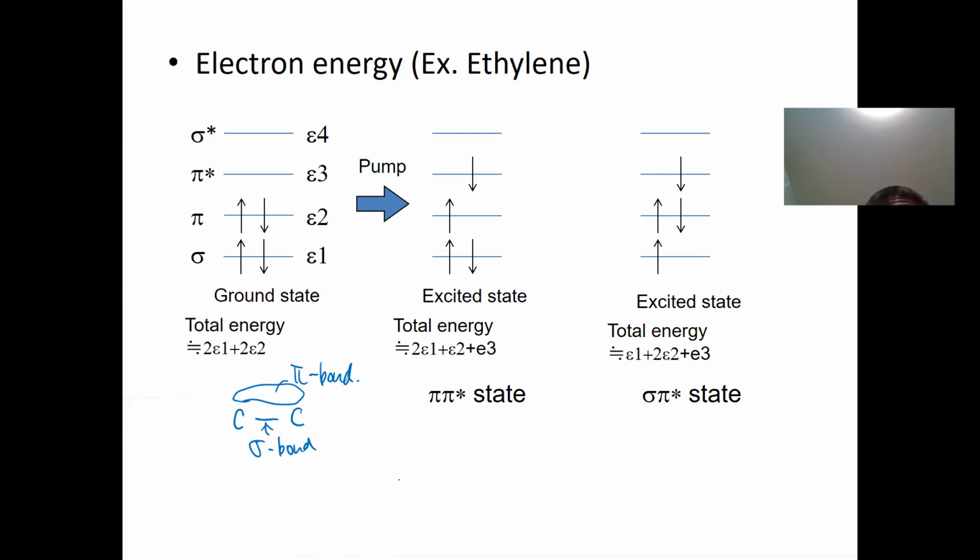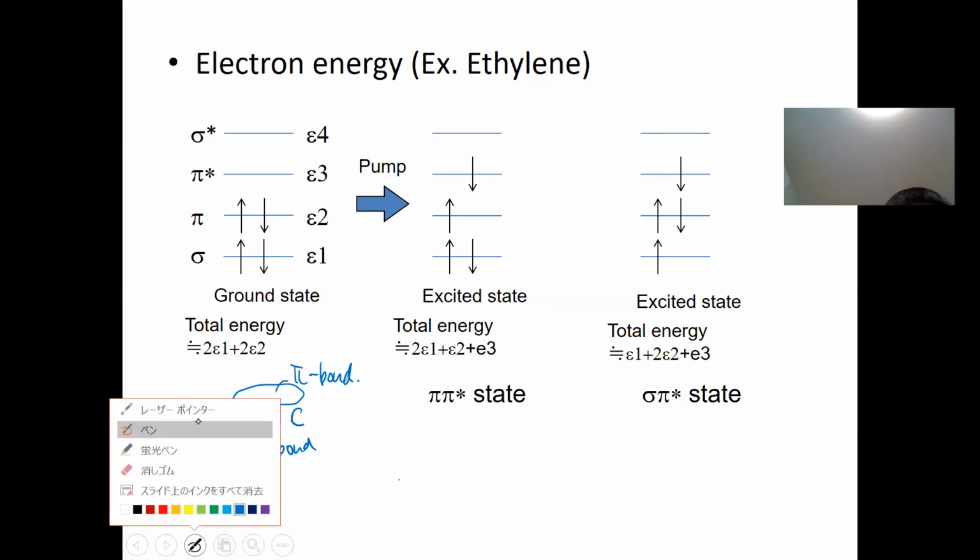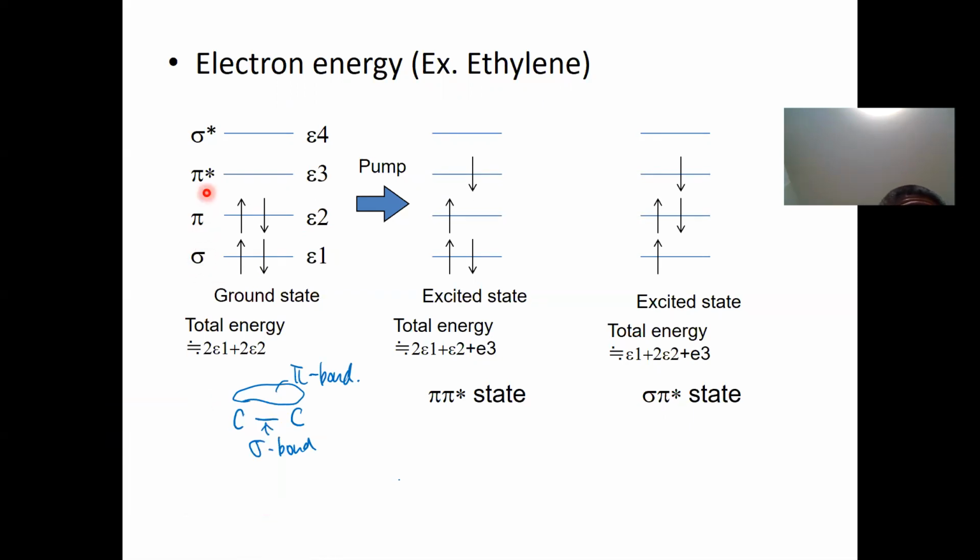Thinking about the bonding orbital and anti-bonding orbitals, you can have a sigma, pi, pi star, and a sigma star state, right? And when they are in the ground state, two of the electrons are in the sigma bonding orbital, and the pi electrons are in the pi bonding orbital.